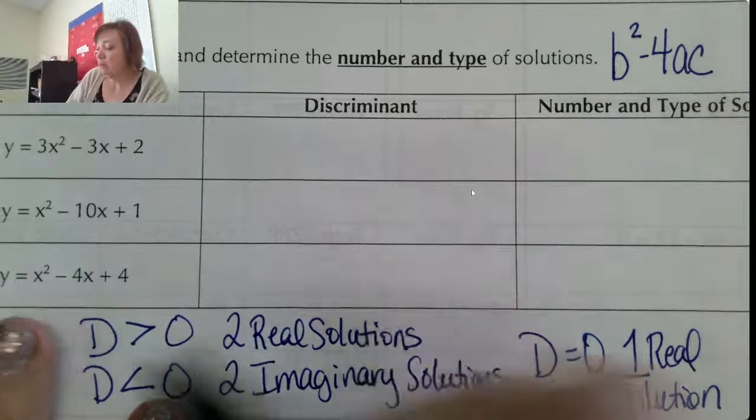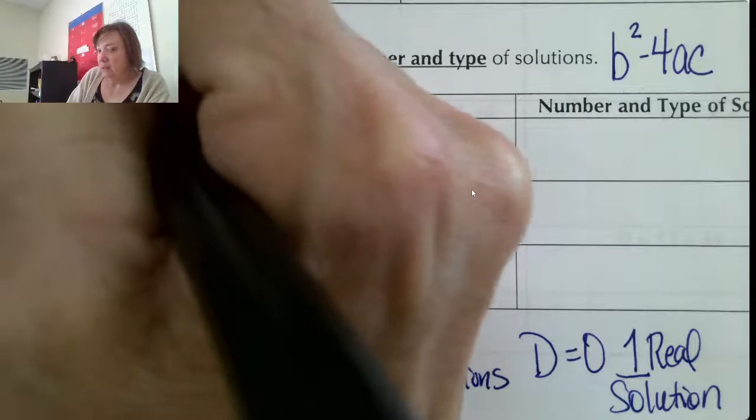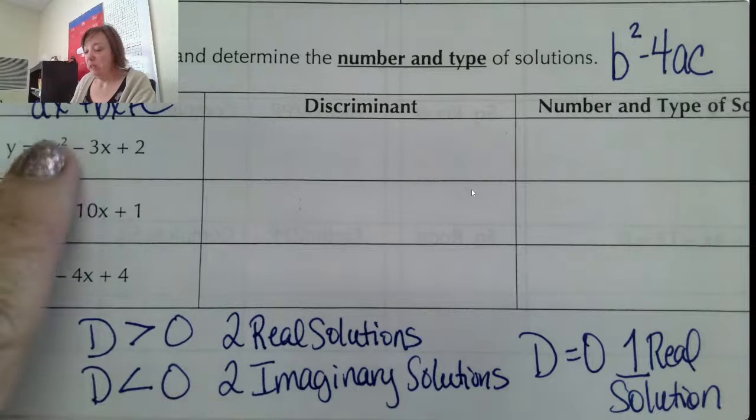Now, quick reminder, this has to be in standard form before you can identify A, B, and C. If you don't put it in standard form first, then your A, B, and C are not accurate, okay? So in this case, we've got this one in standard form.